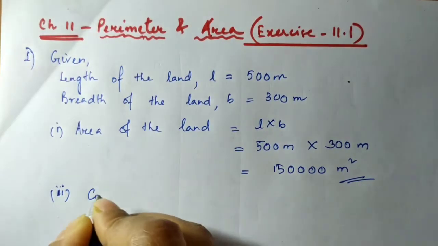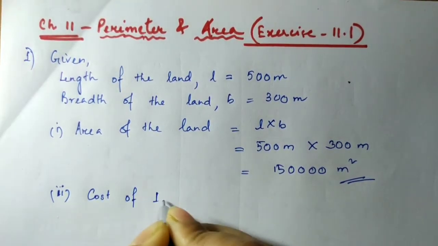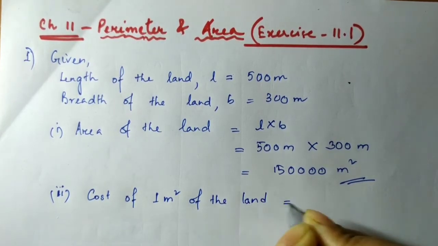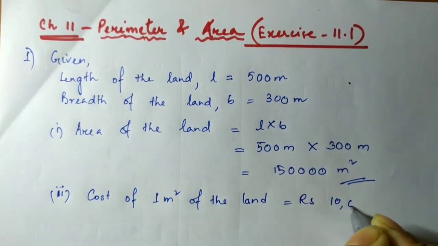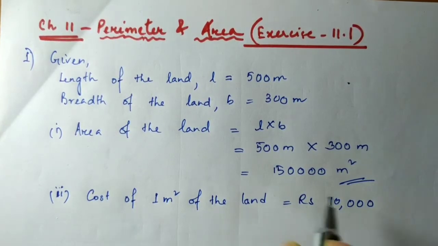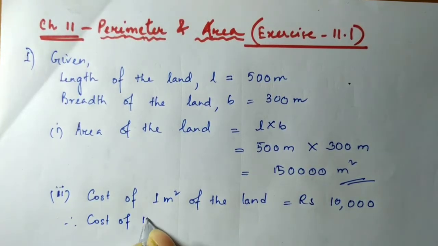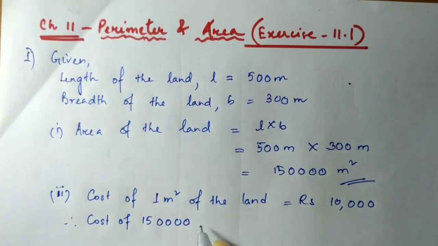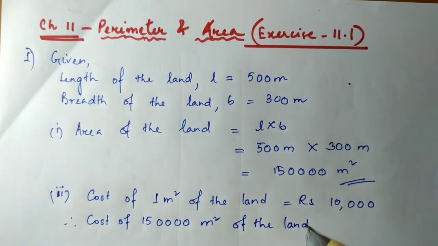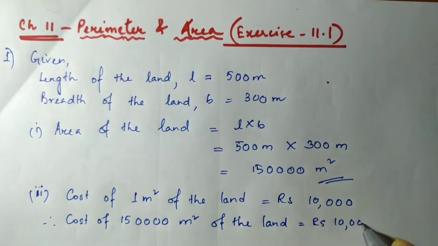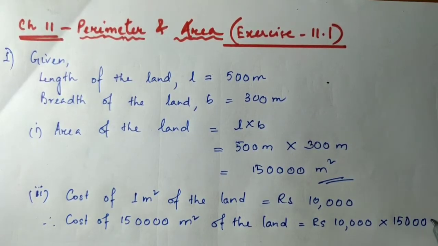Let's write down: cost of 1 meter square of the land is equal to rupees 10,000. Therefore the cost of 150000 meter square of the land will be equal to rupees 10,000 into 150000.